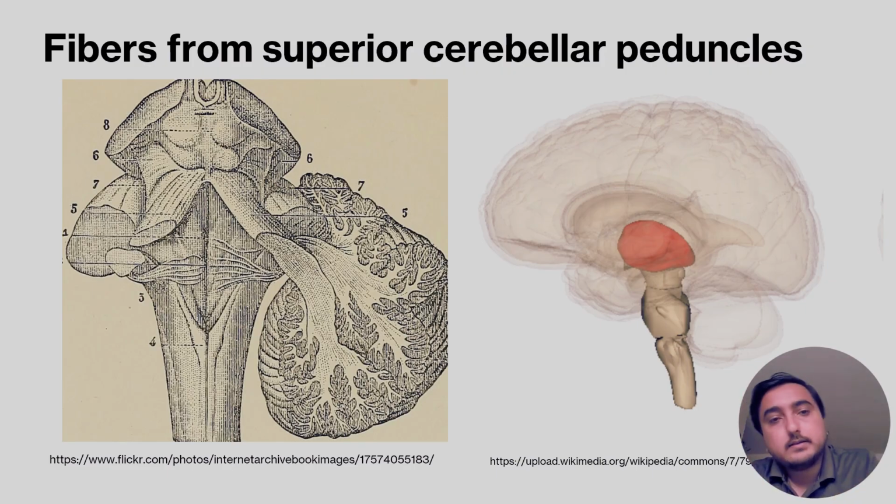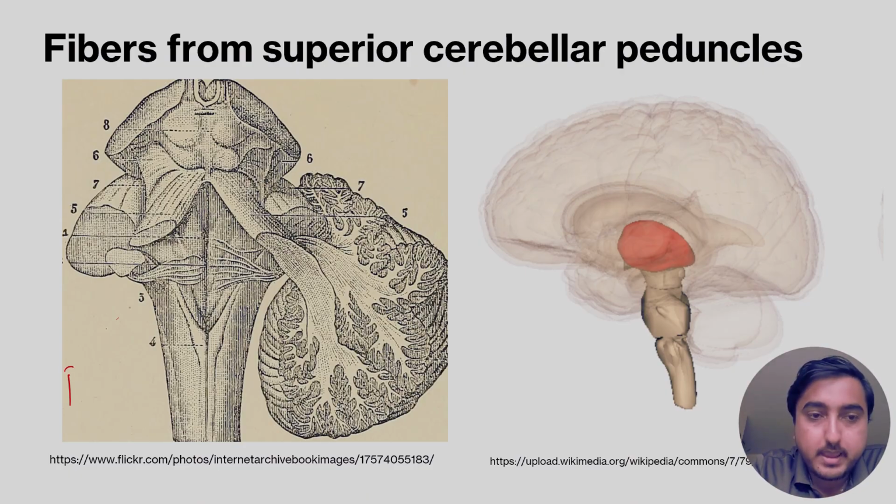Now in the last slide I said that the fibers of the superior cerebellar peduncle decussate at the level of the inferior colliculus in the midbrain. So what actually does this mean? So we are seeing the midbrain or the brainstem from the back. This is the back view of the brainstem.